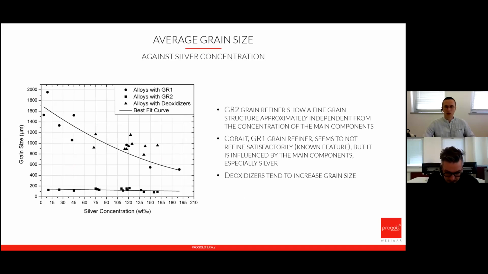So we avoid using these possibly harmful elements, and we designed some new alloys specifically with another kind of grain refiner, usually coming from the platinum group, and they are most effective on the grain size for both casting and annealing, so in liquid state and solid state.